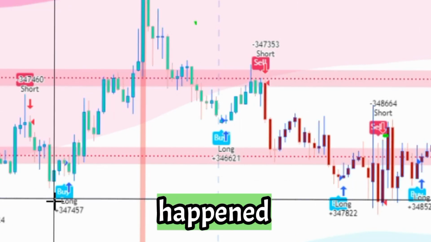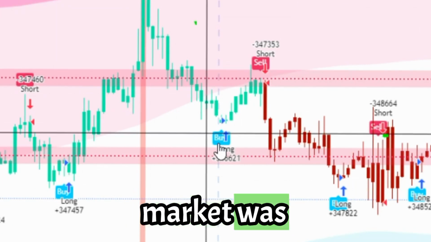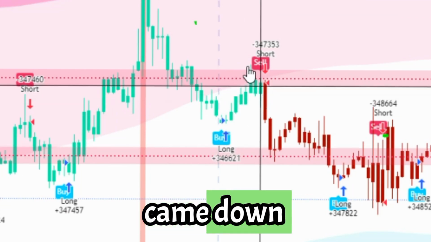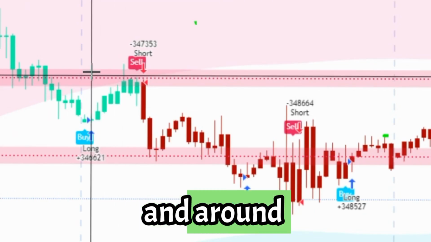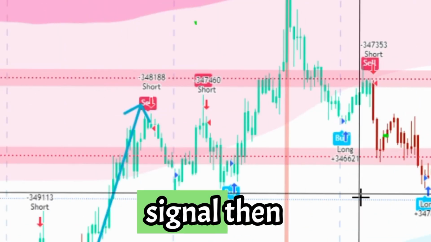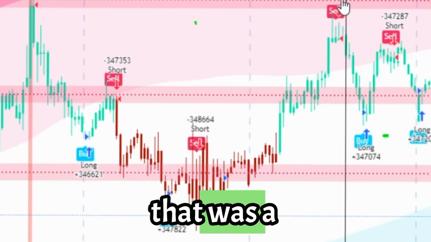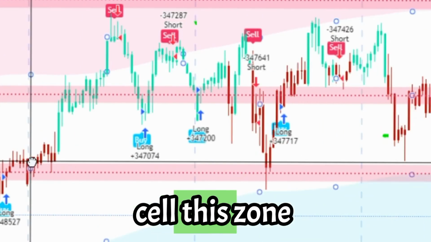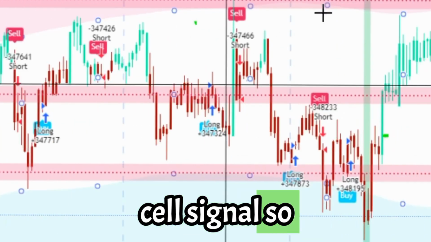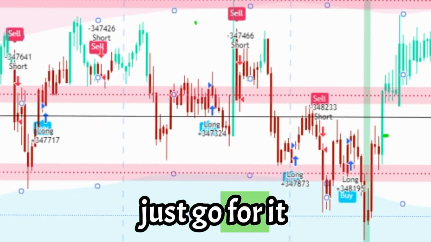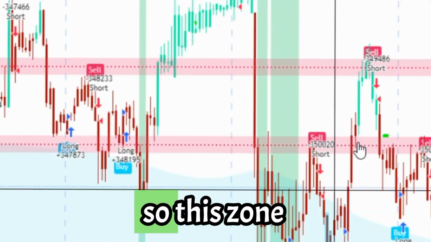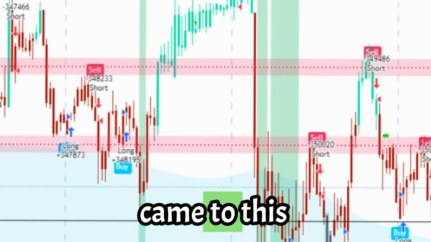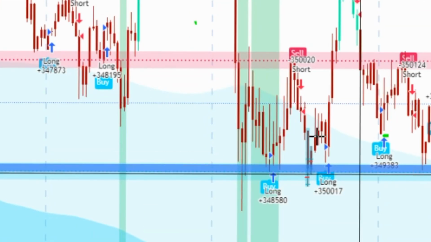What happened here was that the market was going up, came down, then went up to this zone, and around this zone we can see a sell signal. Then that was a sell. This zone, sell signal, so just go for it. This zone, sell massively. So this zone, came to this point, came back downward.